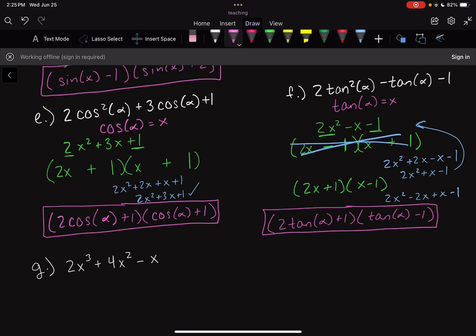I don't know. And then we'll do a trig version. This one I'm going to do, cotangent squared x minus cotangent x.